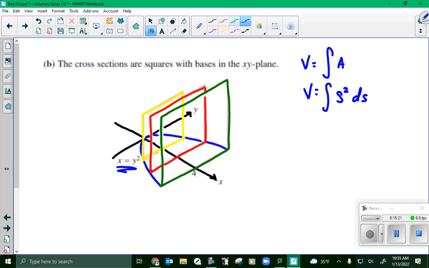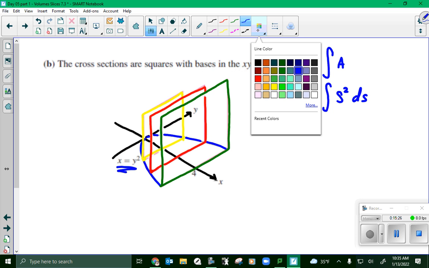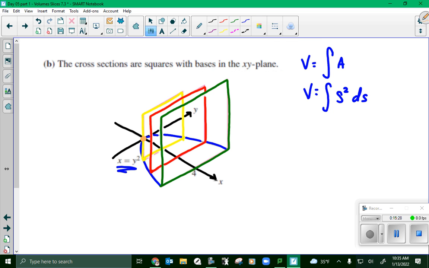By the way, my bounds go, in orange, from when x equals 0 to when x equals 4. So we got from 0 to 4.